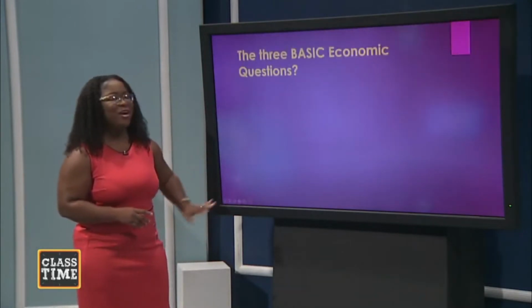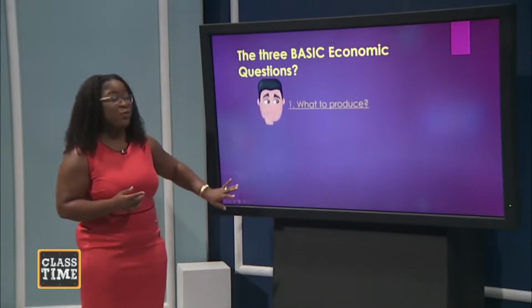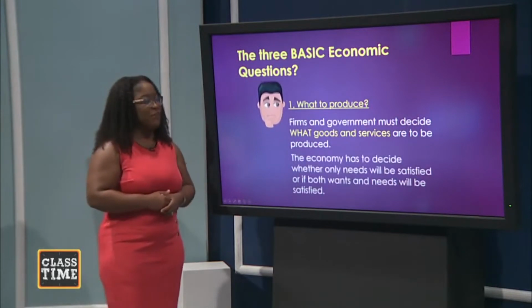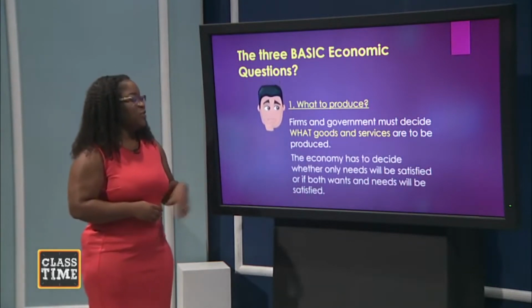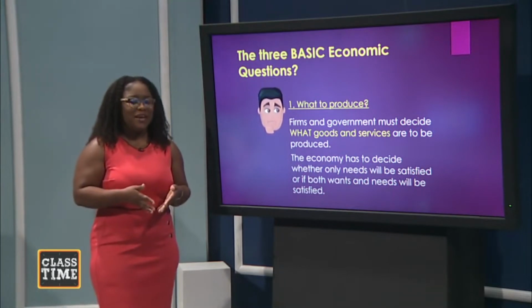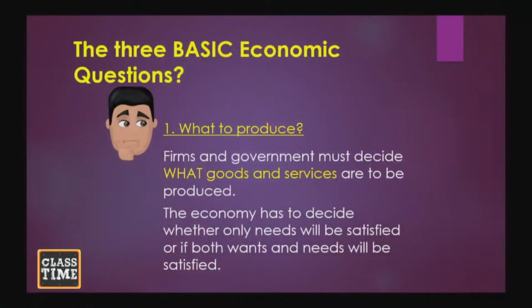So let's explore the types of economic systems. Before we do that, let's look at our description of each economic question. The first one, what to produce. Let's explain how economic systems decide what to produce.